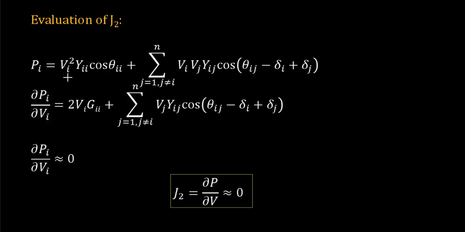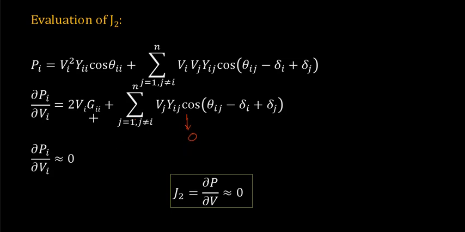Once you differentiate this term, you will have 2 Vi Gii, where Gii is Yii cos theta ii, plus the sum of Vj Yij cos(theta ij minus delta i plus delta j), again with j not equal to i. So the entire term will be there. We already saw that the expansion of this particular term is 0.